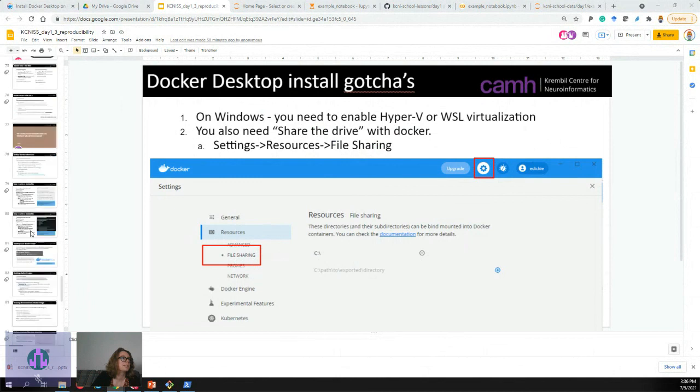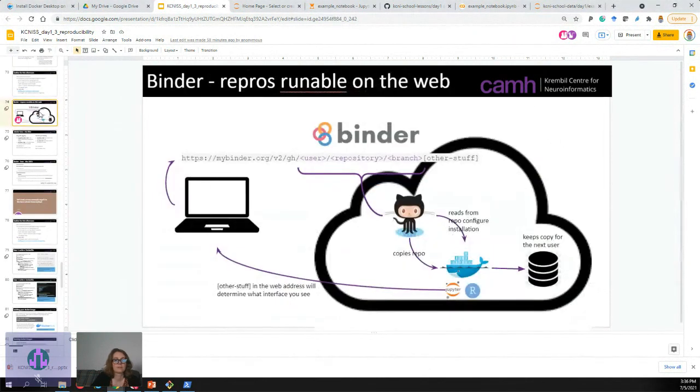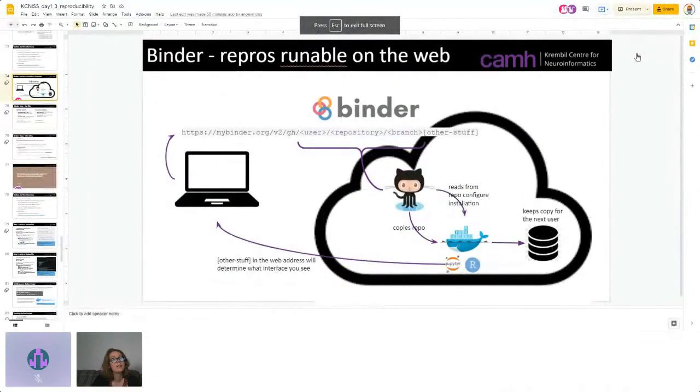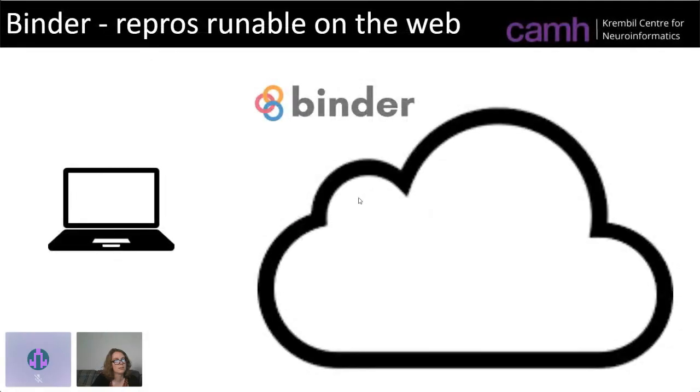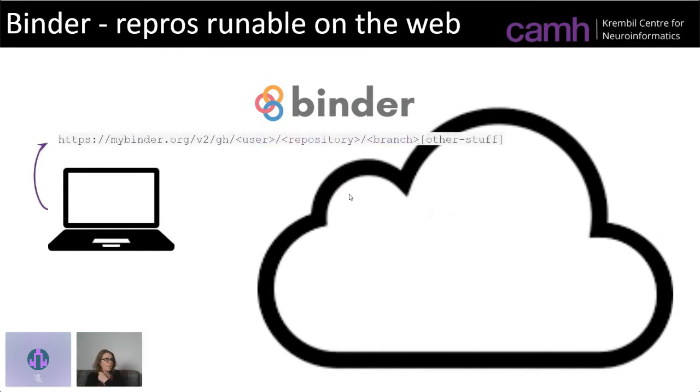So I'm going to go back to Binder. Okay, so to remind you, Binder is a website in the cloud, and it takes your GitHub information and some other stuff in the file address.